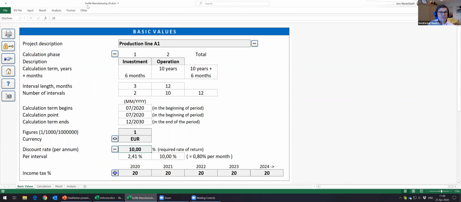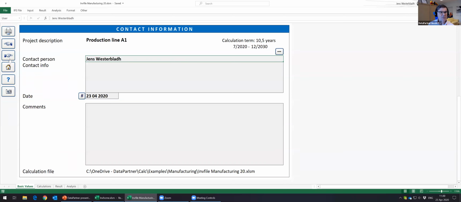And by the way, when I immediately named the file and saved it, it saved it with macros, so now I can just press Ctrl S to resave it every now and then. And then I continue, then the second page, my own name and contact information and phone number and some comment about what I'm calculating. I skip this time.